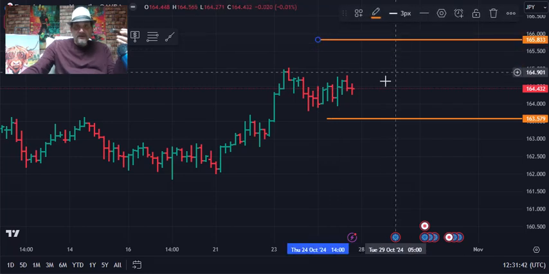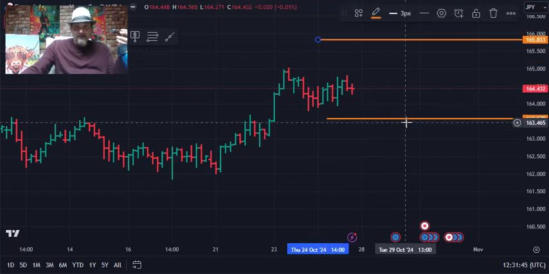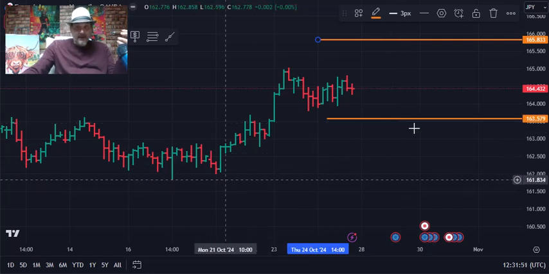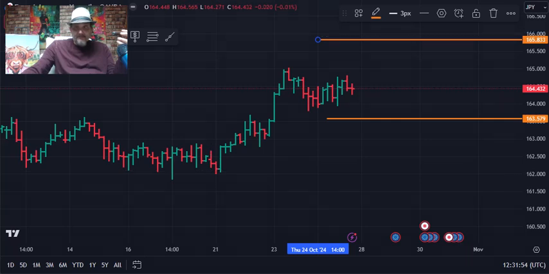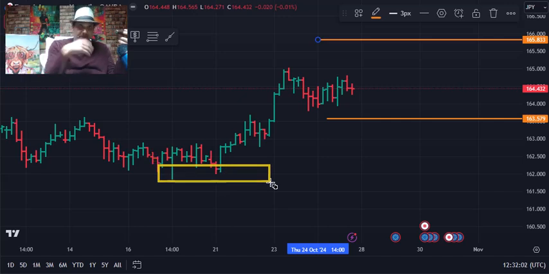So this is what we're looking at as far as now. If it breaks this 163.57, we're looking back down right in this level here, all in here. So right around 162.30, 162 the figure.